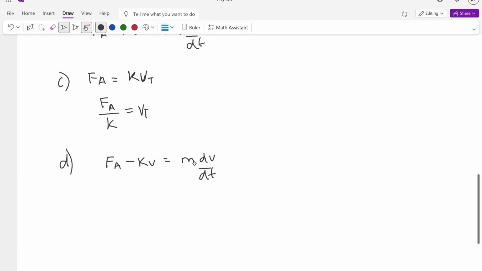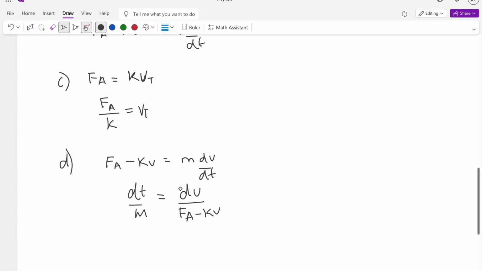So from here, what I'm going to do is move the dt to the other side and divide by m. So basically what I'll have is dt over m is equal to dv over Fa minus kv.